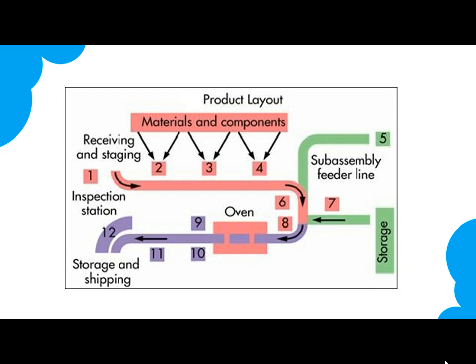At the assembly feeder, there is a storage department and the workstations are 6, 7, and 8. After that, there is the oven department and 9, 10, and 11 are workstations. And after workstation number 12, the storage and shipping department is there. So this is the example of product layout.